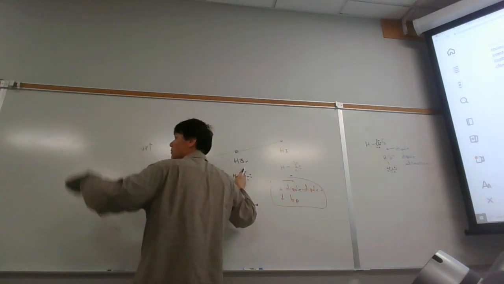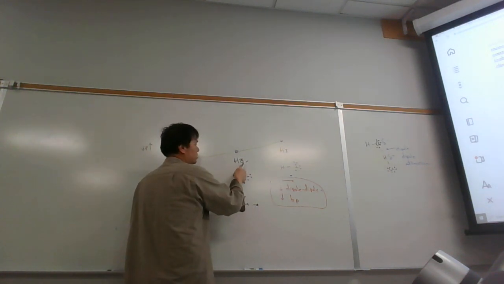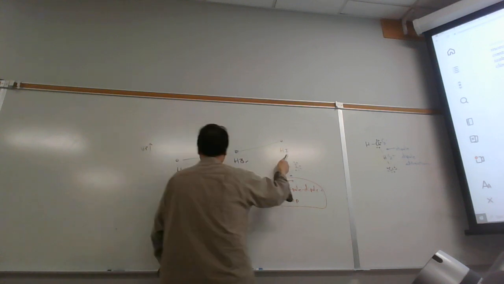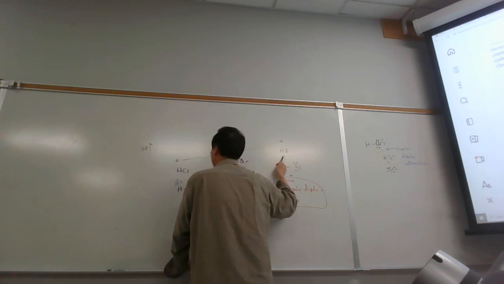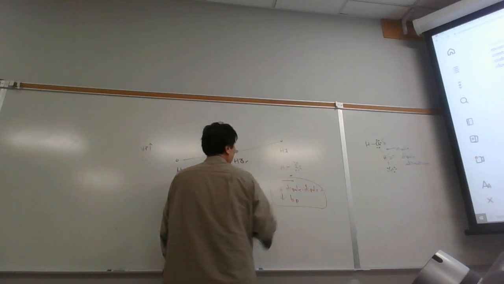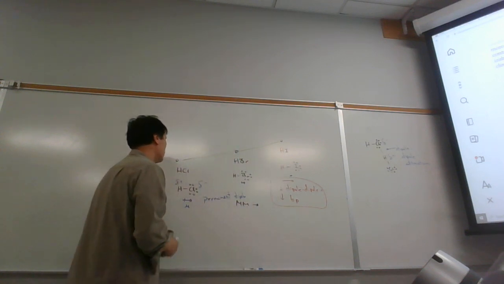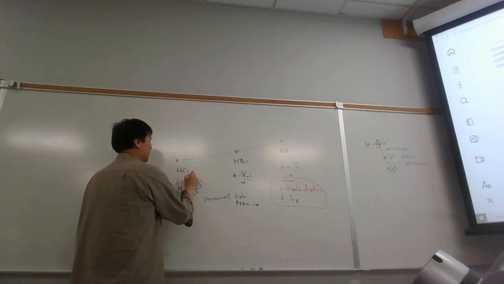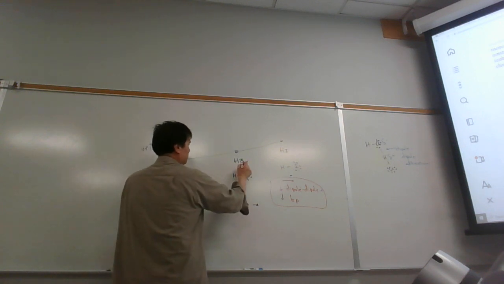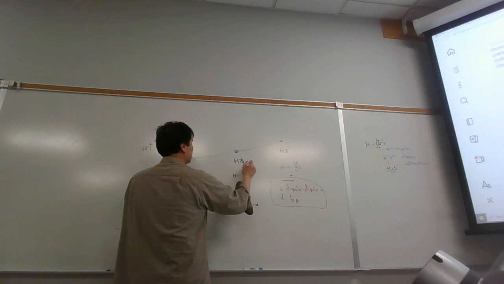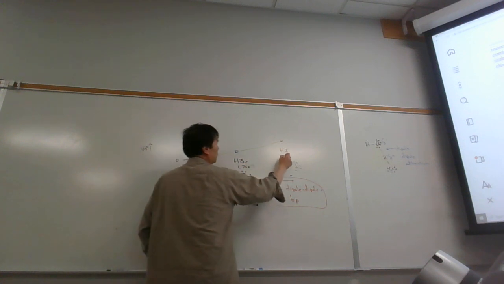Bromine has 35, plus hydrogen's is 36. Iodine has 53, plus hydrogen gives us 54. And so we end up with 18 electrons here, 36 electrons here, 54 electrons here.